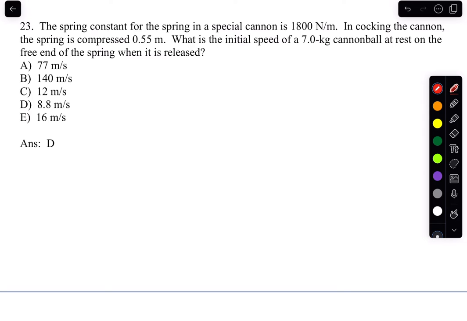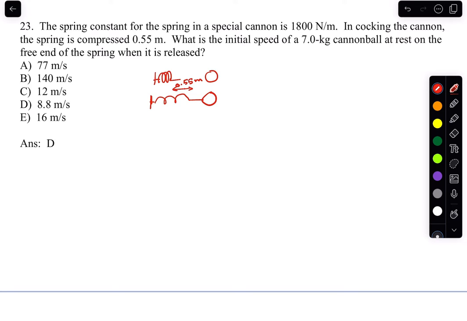So this cannon has a spring which was compressed by 0.55 meters, and once it is released, it basically pushes on a cannonball. So we want the speed of this cannonball once the spring is released.